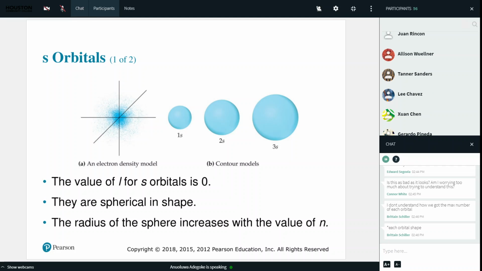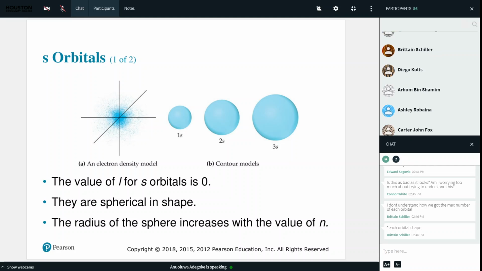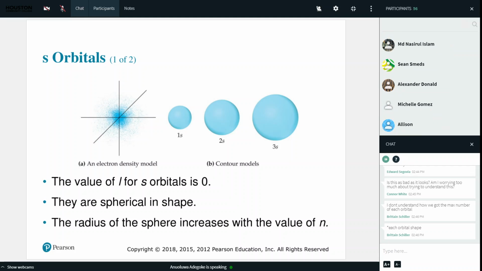This is the shape of s orbitals. As we go from the lower level 1s to the higher levels 2s and 3s, the size of the orbital increases, and so does the energy. You can see that as we go from level 1 to level 2 to level 3, the energy of the orbitals increases.